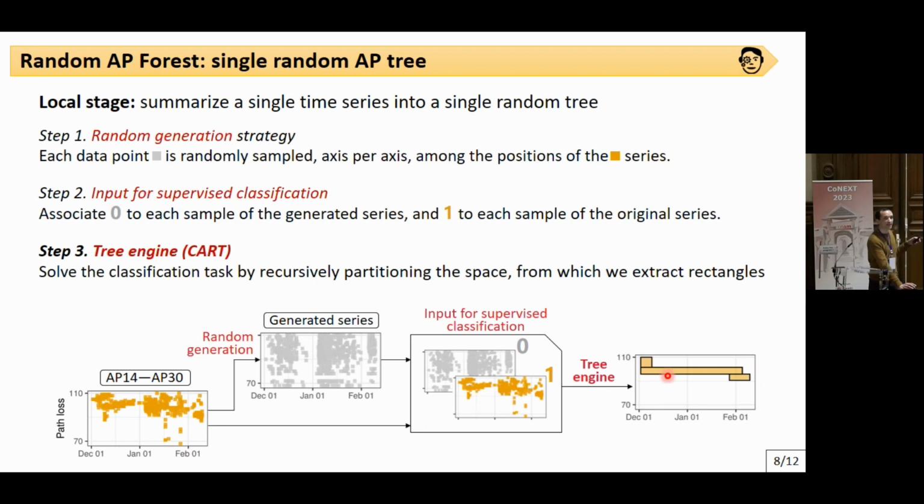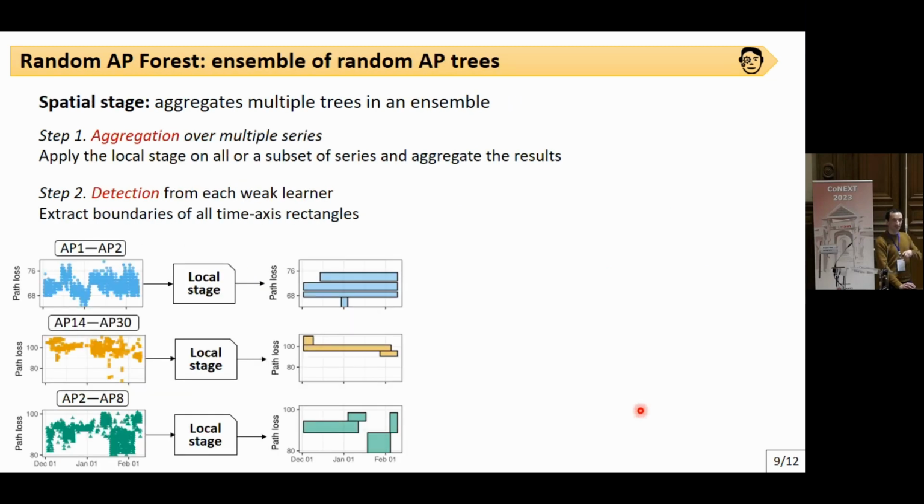So here at this stage, we give some weak learner that, from each original series, gives a simple representation of this series. And the second step is a spatial stage. So we have a lot of access point pairs, and what we do here is aggregate multiple trees in an ensemble. So there are 2 steps here too.